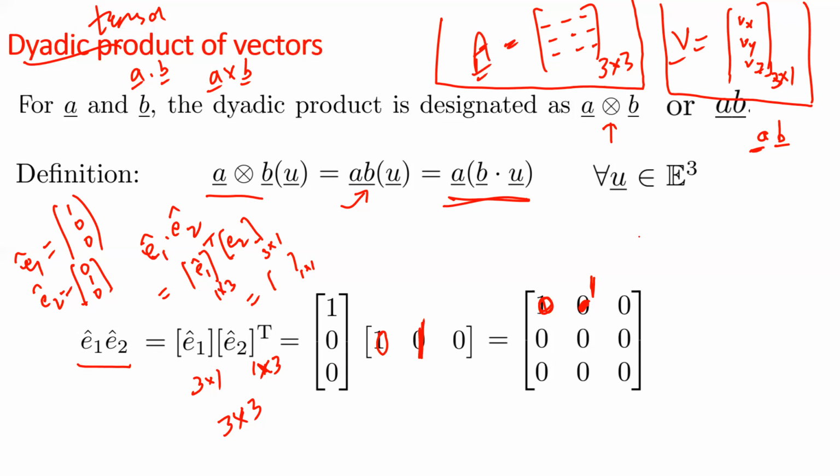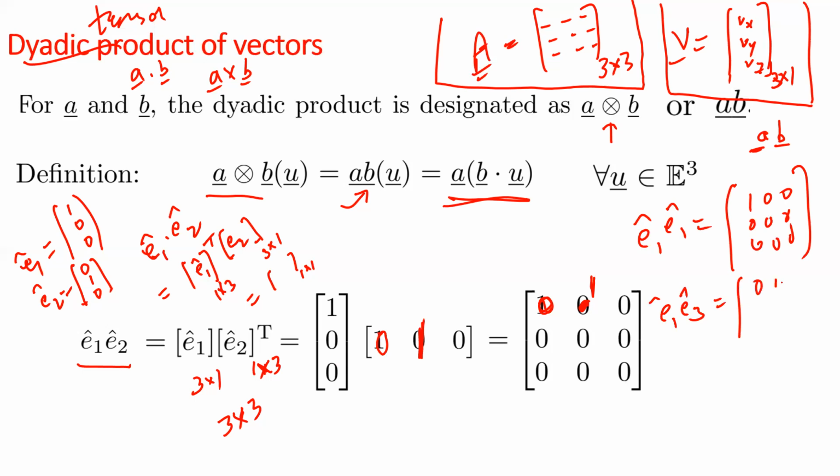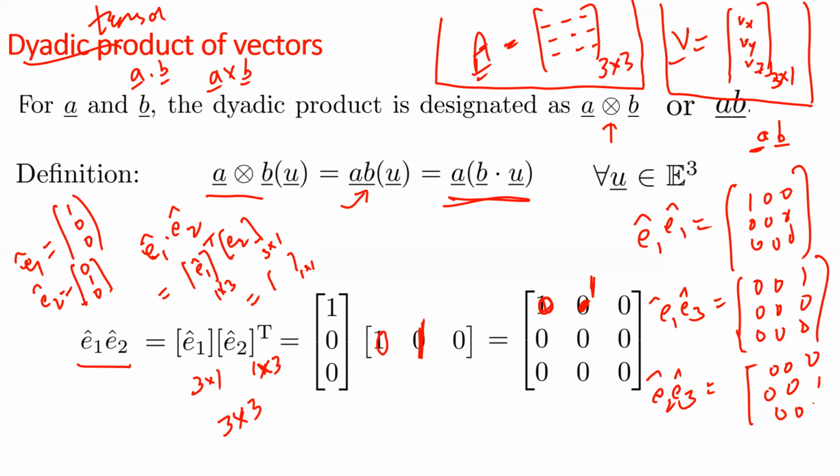If you look at E1 E1 tensor, you will get 1, 0, 0, 0, 0, 0, 0, 0, 0. If you look at E1 E3, you will get 0, 0, 1, 0, 0, 0, 0, 0, 0, and so on. If you have E2 E3, basically second row, third column, so 0, 0, 0, 0, 0, 1, 0, 0, 0.